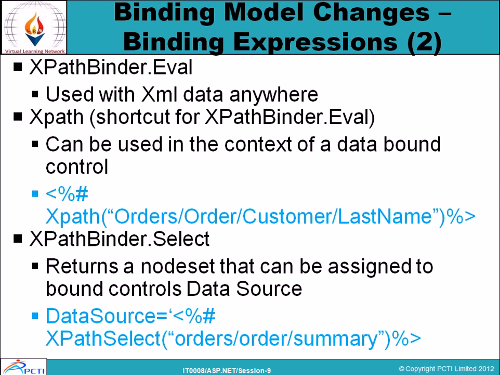Binding model changes: binding expression 2. It includes XPathBinder.Eval, which is used with XML data anywhere. XPath is a kind of shortcut for XPathBinder.Eval. It can be used in the context of a data bound control.